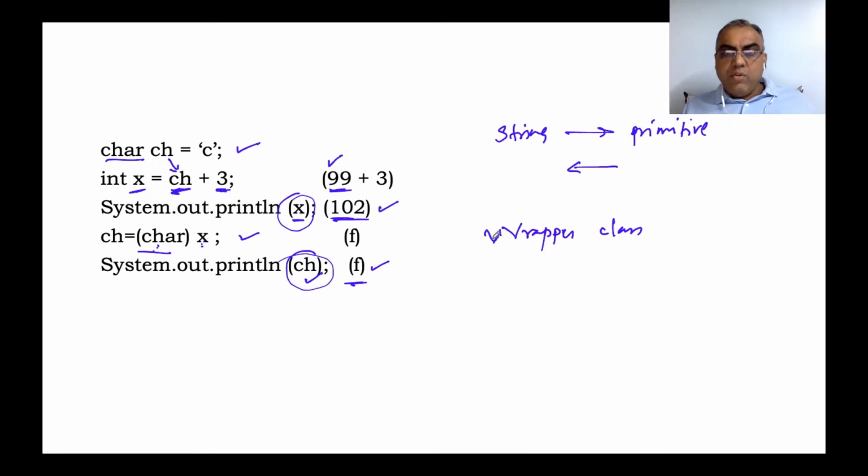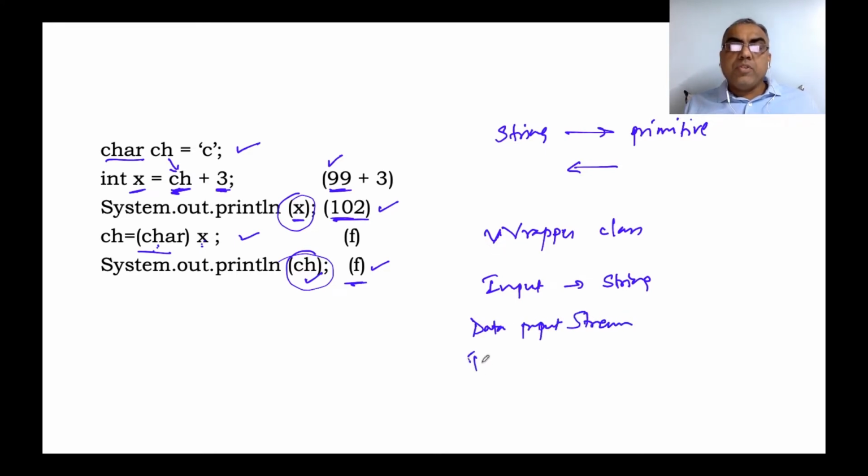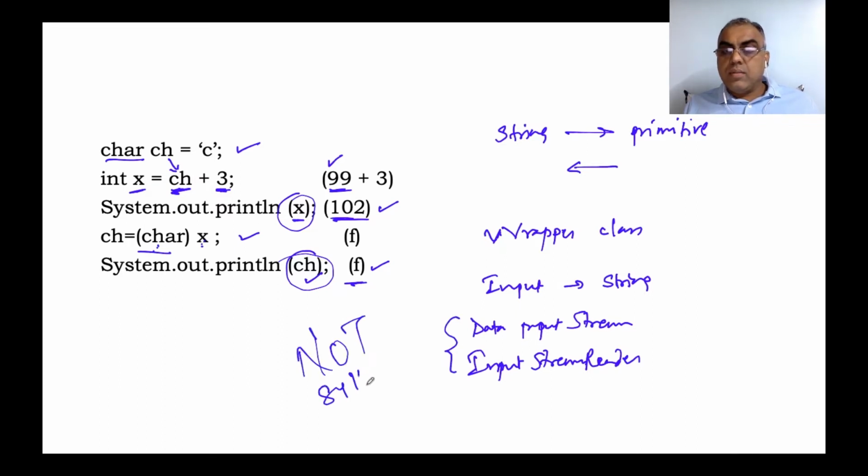Before we get into wrapper class, we must know that predominantly Java has been accepting all inputs coming from the user as a string. The older two methods, DataInputStream and InputStreamReader, are not in your syllabus.